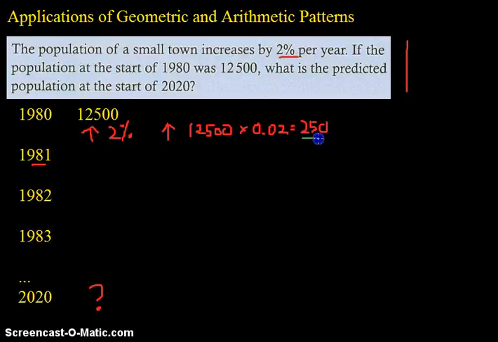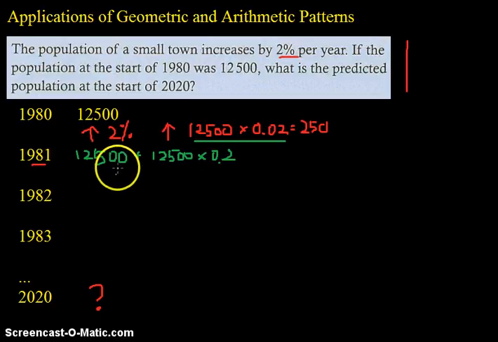And now it goes up by 250, or in other words, goes up by this much, right? So I would have 12500 plus, that's how much I have at the beginning, plus 12500 times 0.02.